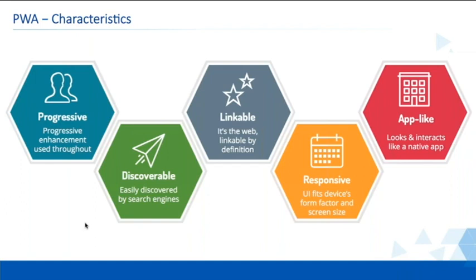The search engine is the biggest thing that happens for the web, and gratefully PWAs are searchable and indexable, and hence easily discovered, unlike mobile applications which have a lot of app store optimization and a lot of issues with discoverability. And most important, they are linkable. Just like anything on the web, when you click on one link, you land on another page. In the same way, even web apps are linkable.